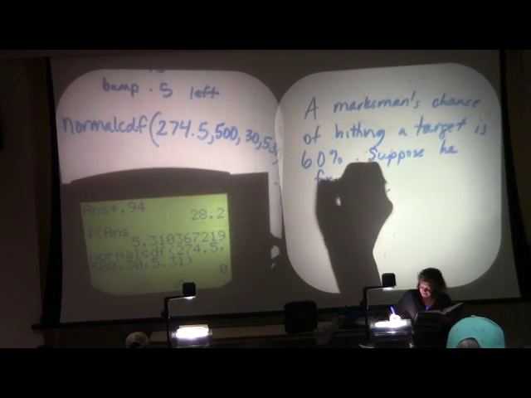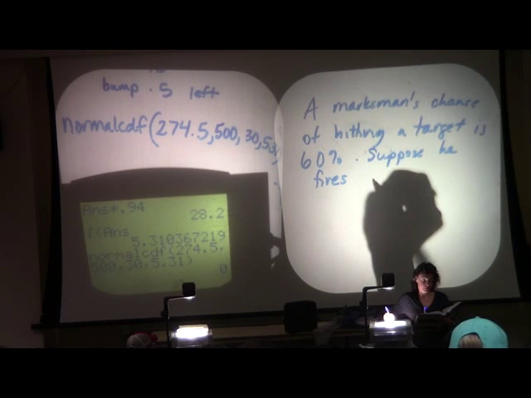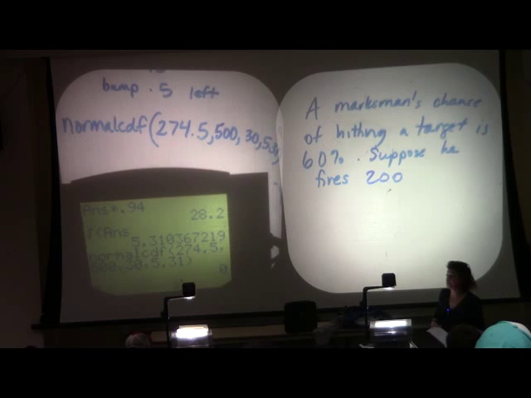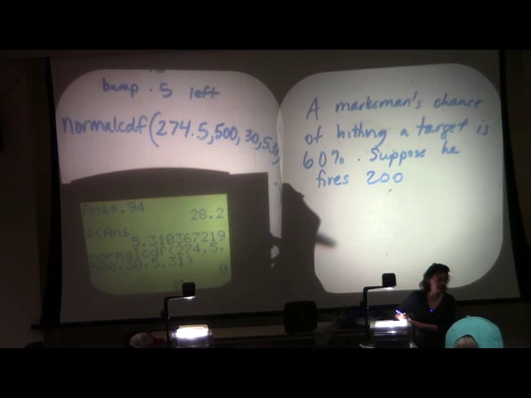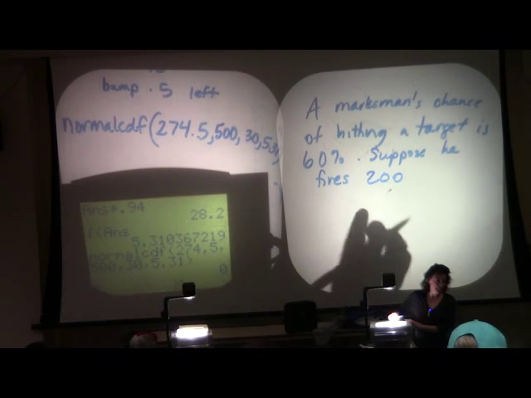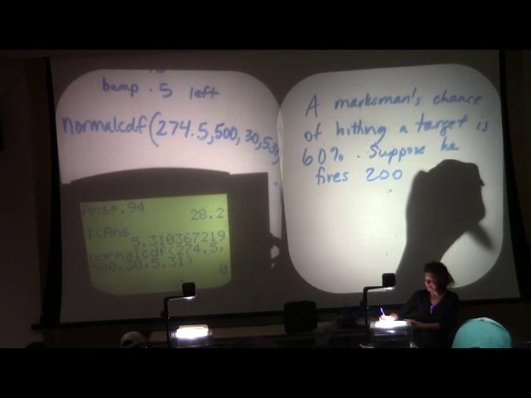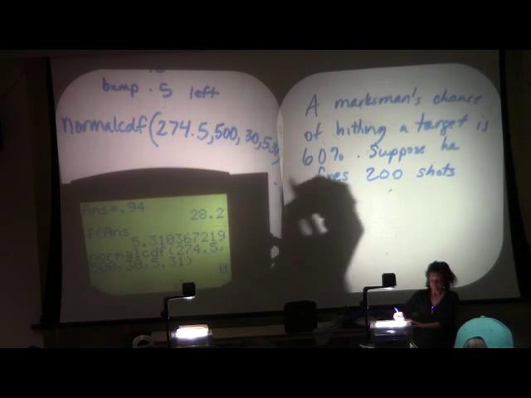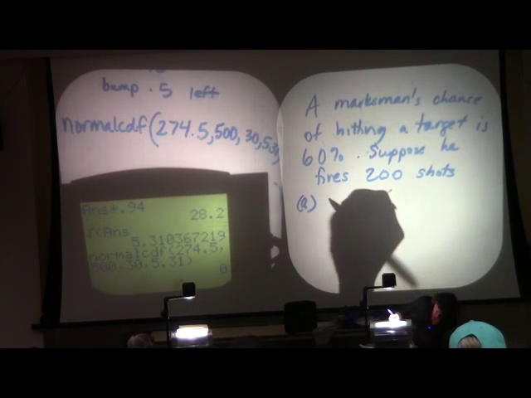Suppose he fires, I don't know, how many shots? 105. No, the n's got to be big. 200 shots. Is it okay? So, suppose he fires 200 shots.